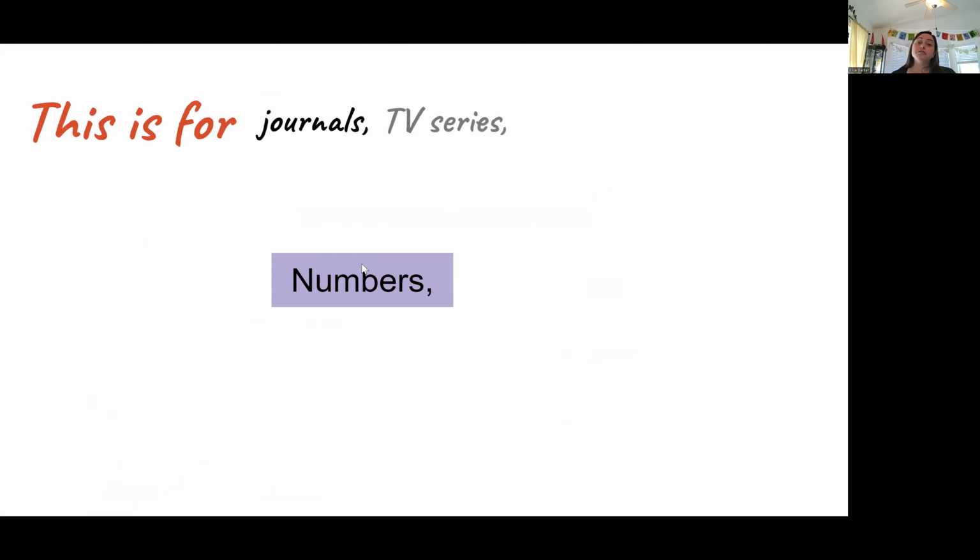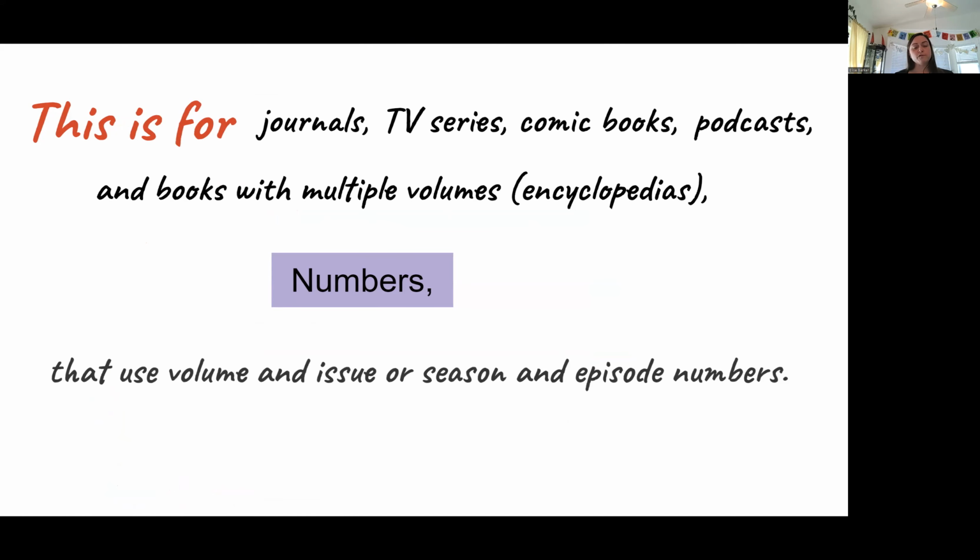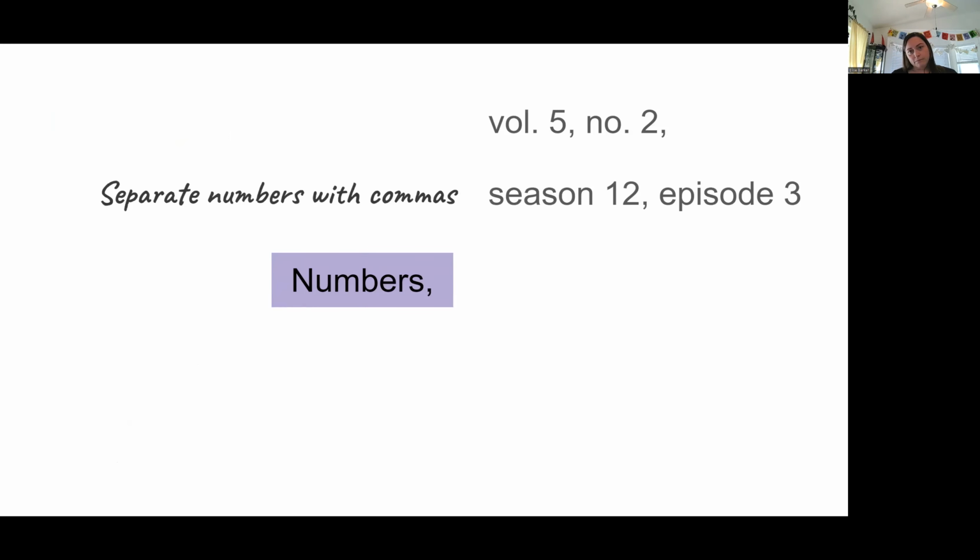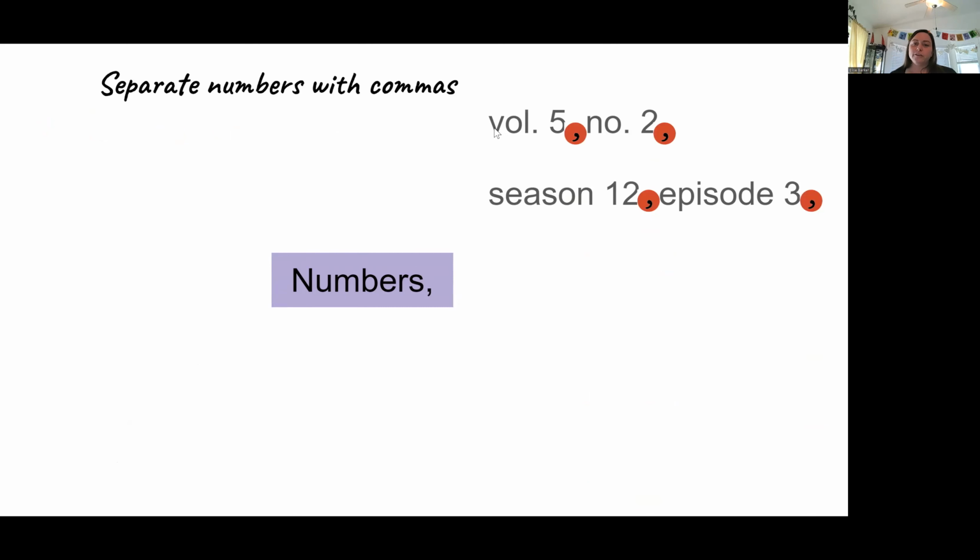This is for journals, TV series, comic books, podcasts, and books with multiple volumes, like encyclopedias. Any of these kinds of documents that use volume and issue or season and episode numbers. So one thing that you do is that you separate those numbers with commas.